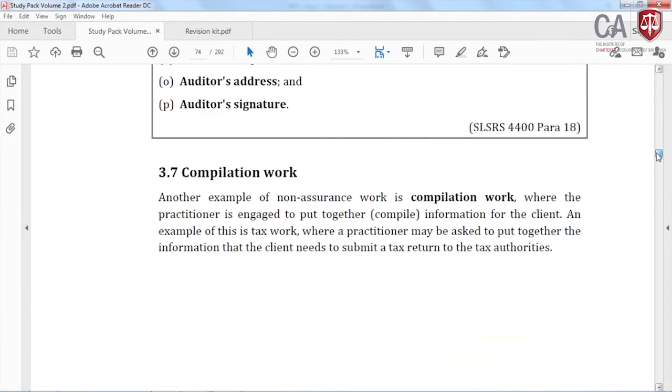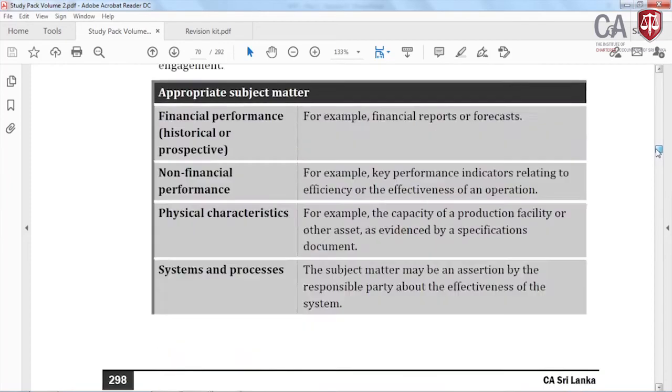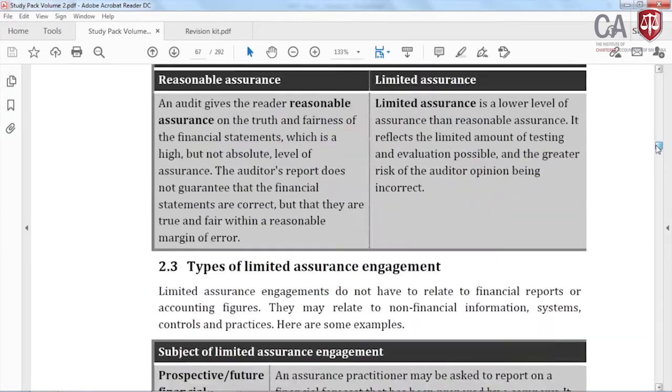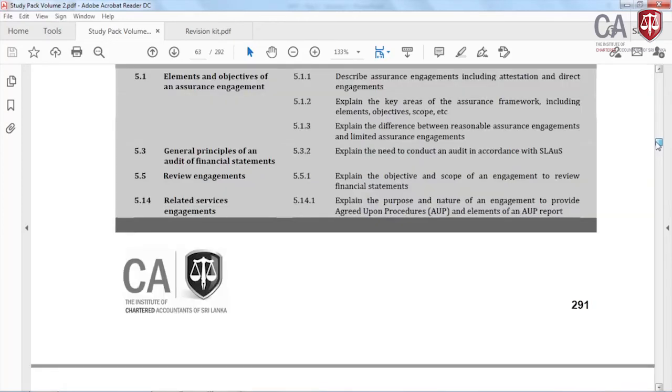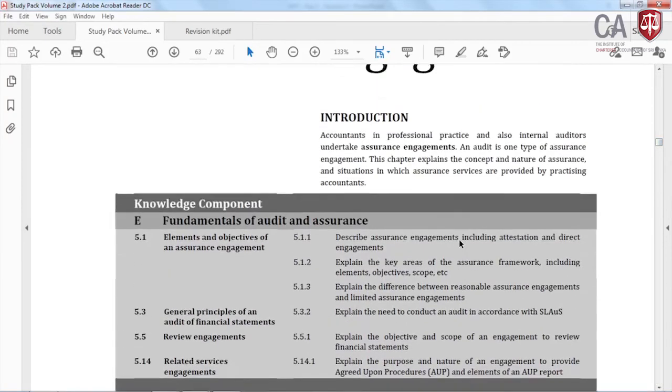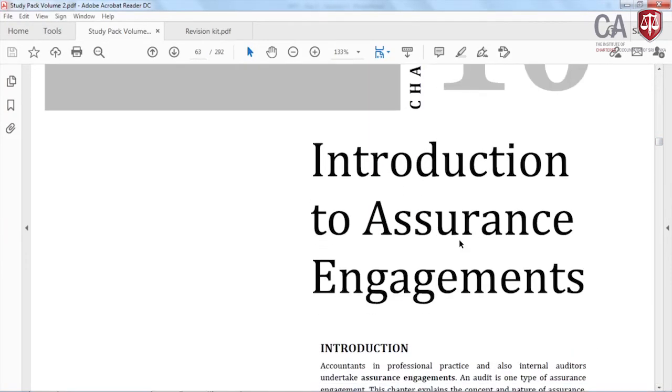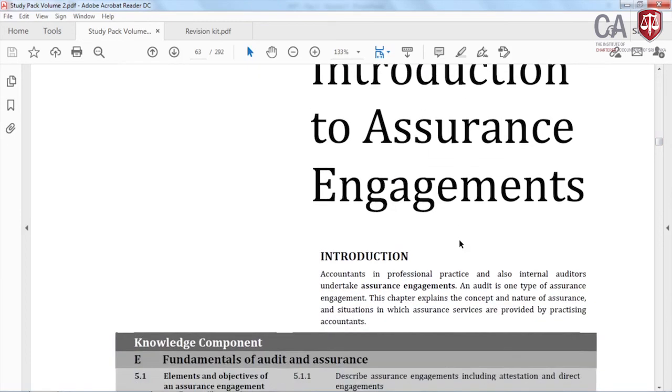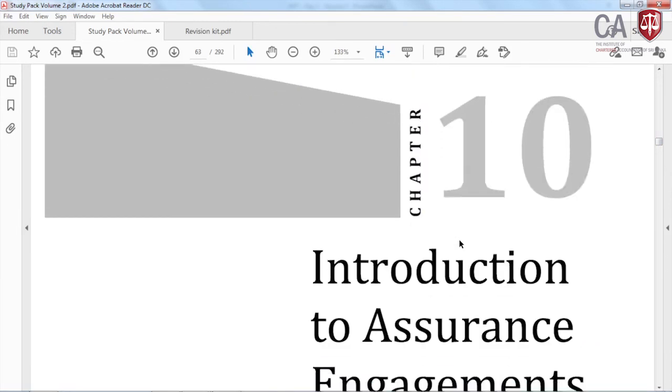What I request you, after watching webinar number 1 and 2, please go through the study text, Introduction to Assurance Engagement, this chapter number 10, have a look at that.